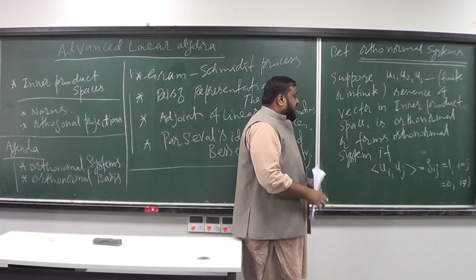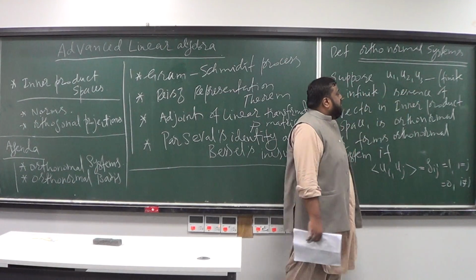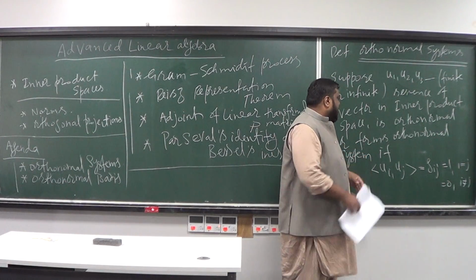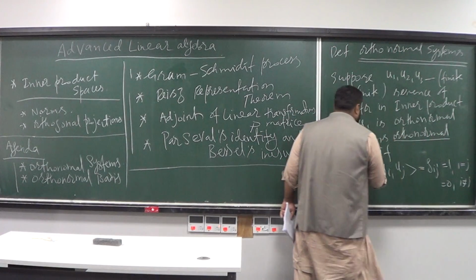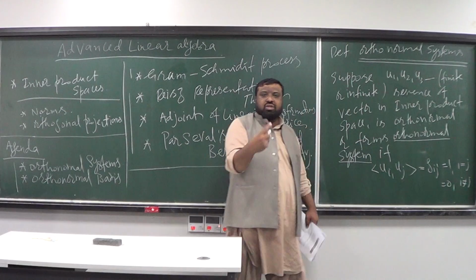So you call this sequence of vectors an orthonormal sequence or an orthonormal system if each one of these vectors has unit magnitude.